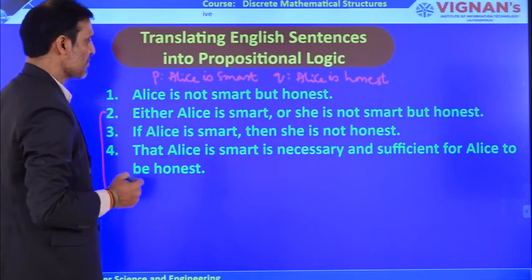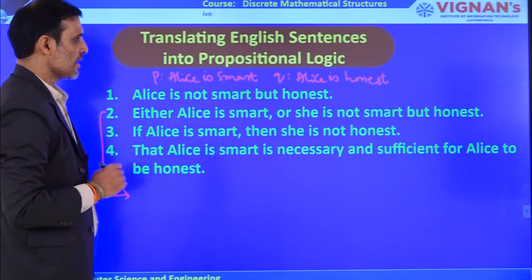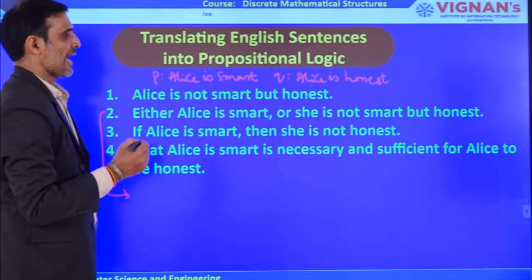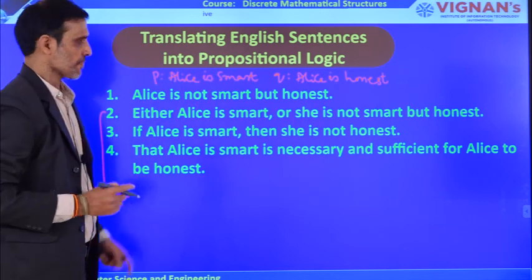The same sentence can be written as Alice is smart or she is not smart and she is honest.